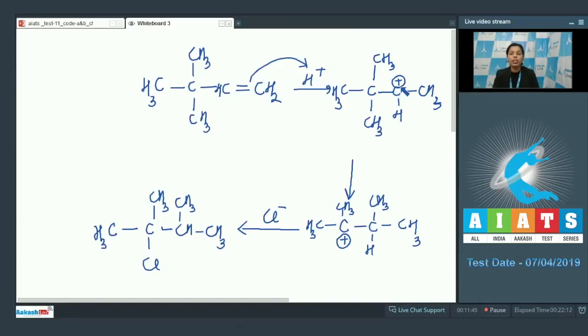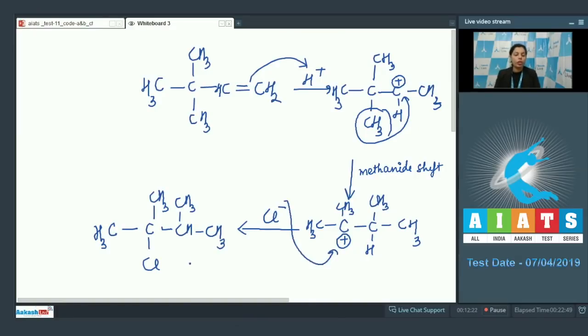This is a secondary carbocation, while if a hydride shift occurs here, then it becomes a more stable carbocation. That results in the formation of a more stable carbocation, that is, the 3-degree carbocation that you are obtaining here.